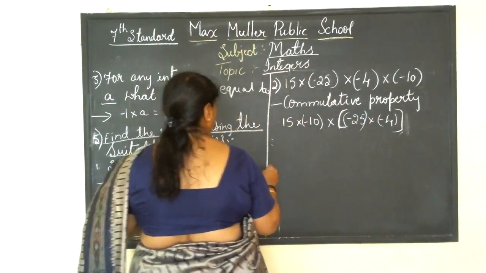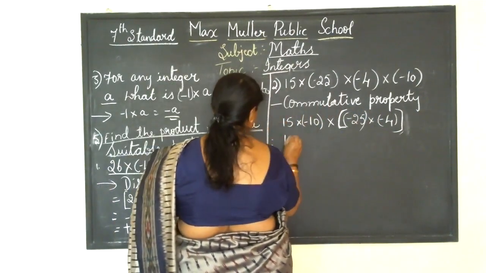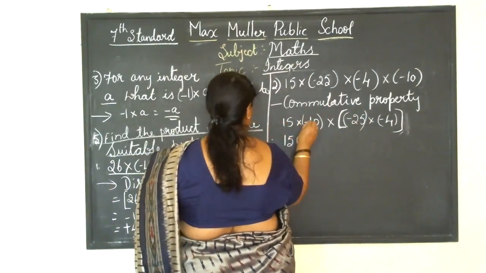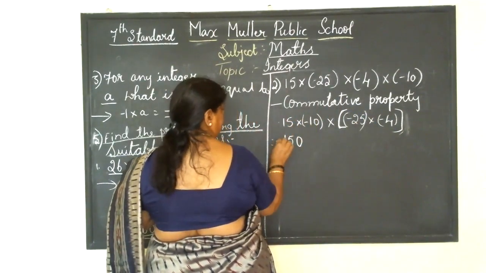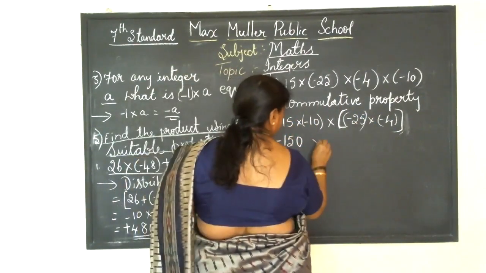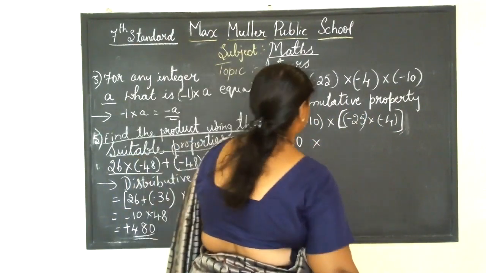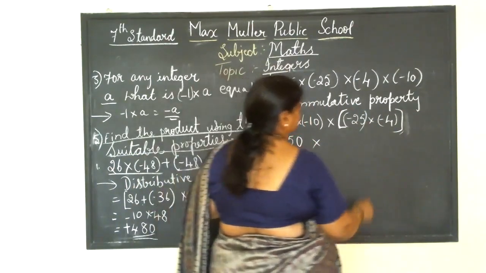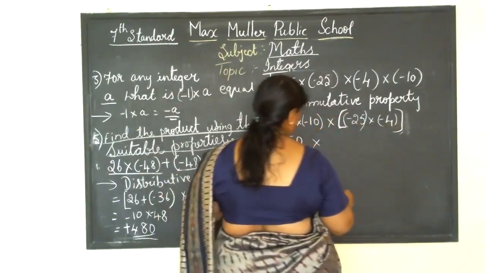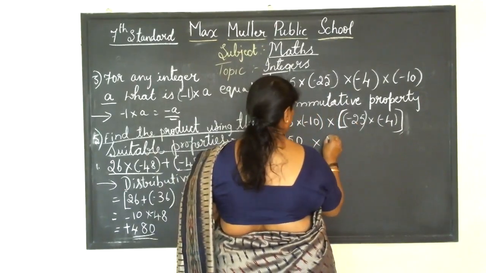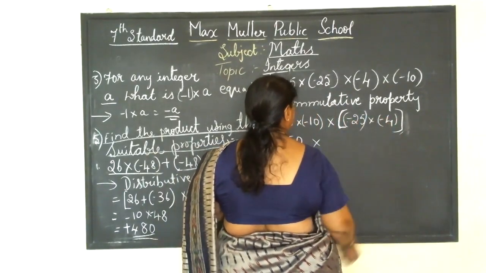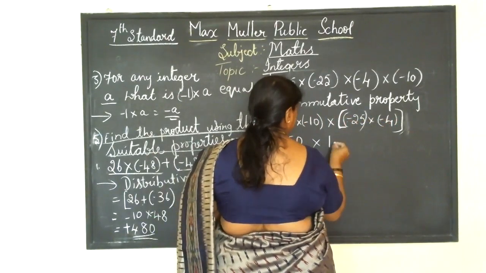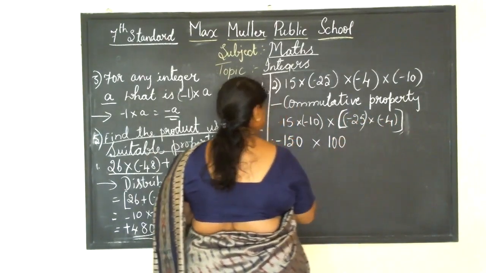So 15 tens are 150. So minus into plus is minus. 25 into 4 is 100, and minus into minus is plus 100.